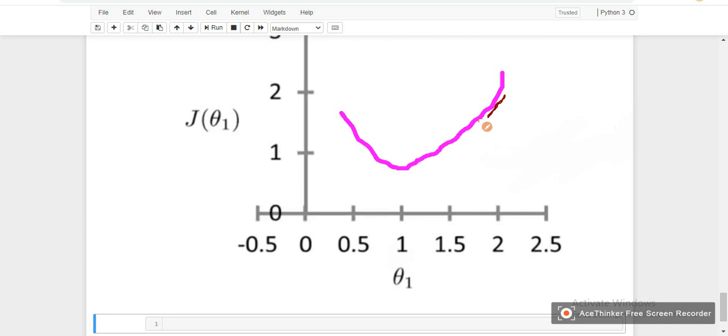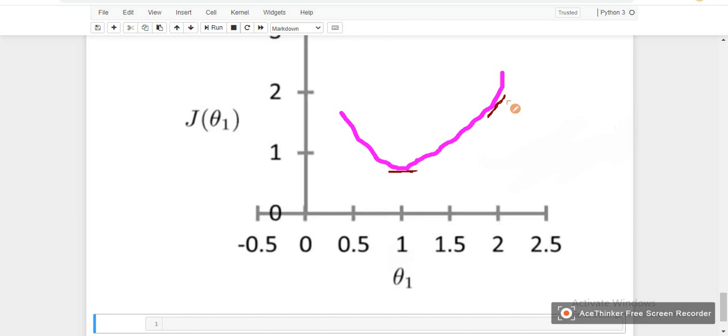The slope is actually increasing, but the slope must be at this level. The gradient of this function must be equal to 0, but here the gradient is in increasing order, so we have to decrease the derivative of this function.